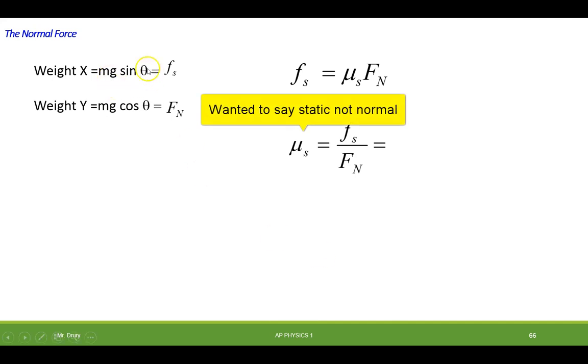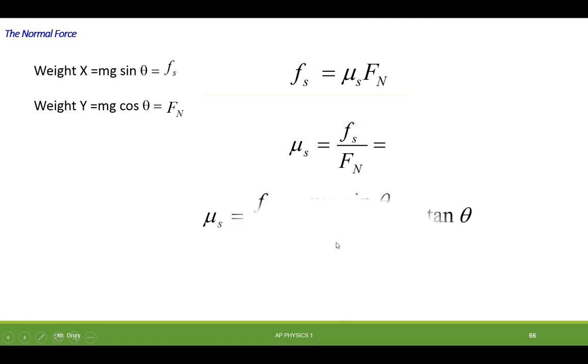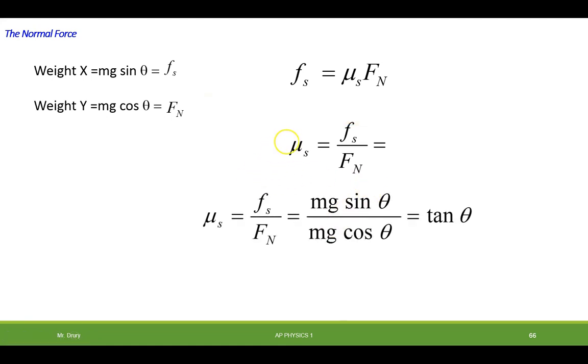So if I take these numbers and plug them in over here, I get an interesting result. You can take the mg sine of the angle, mg cosine of the angle. This ends up being the force of friction. This ends up being the force normal. And sine divided by cosine ends up being tangent, and the mg's cancel out.